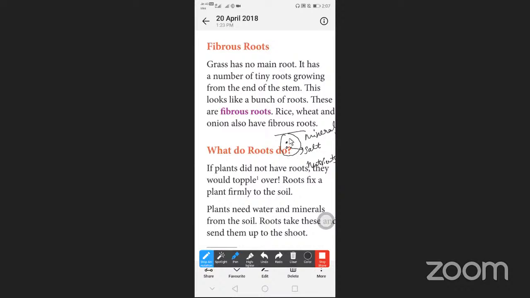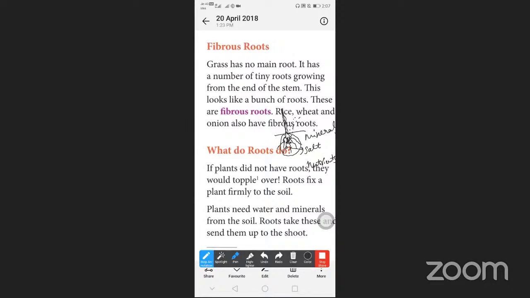So if you put a seed in the soil, it will grow very healthy when you are pouring water for the plant. When you pour water for the plant, automatically the roots will absorb all the water, and this water will be supplied mainly through the roots.